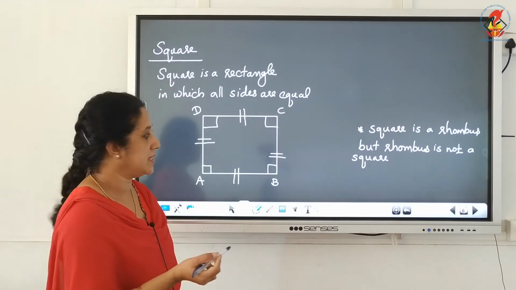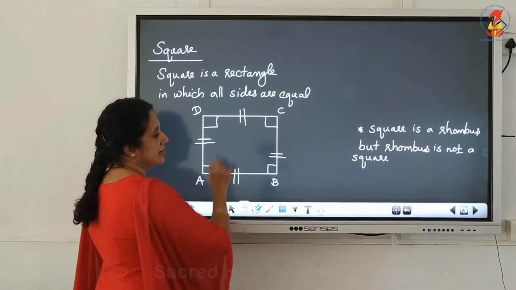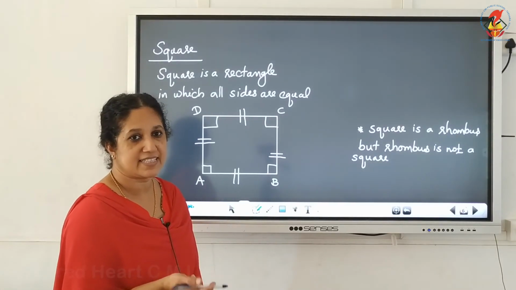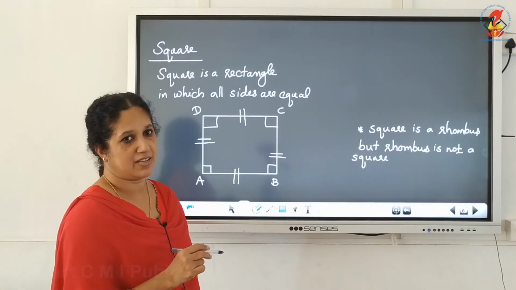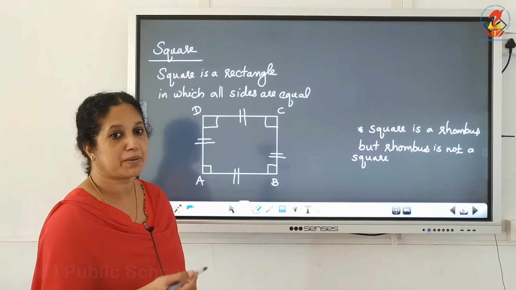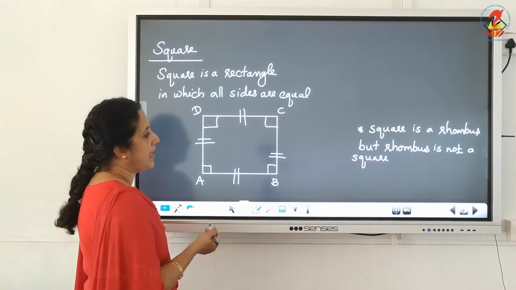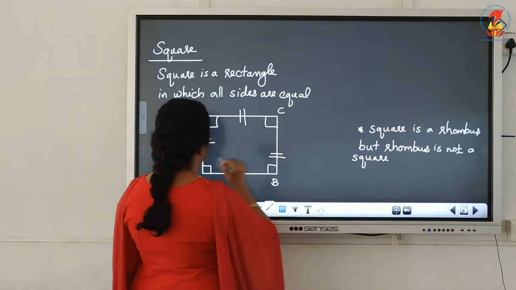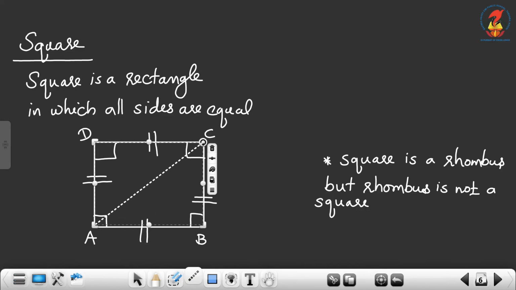Square is a rhombus means when you draw the diagonals, diagonals bisect each other and the diagonals intersect at right angles. That means the diagonals are perpendicular bisectors. And when you draw the diagonals, we can join A and C, we will get one diagonal. Then B and D also, then we will get the other diagonal.